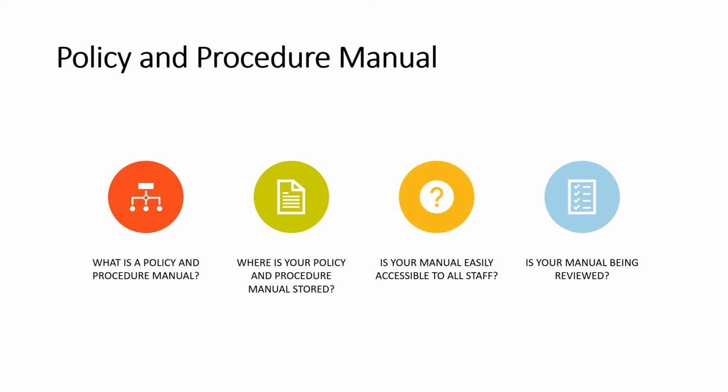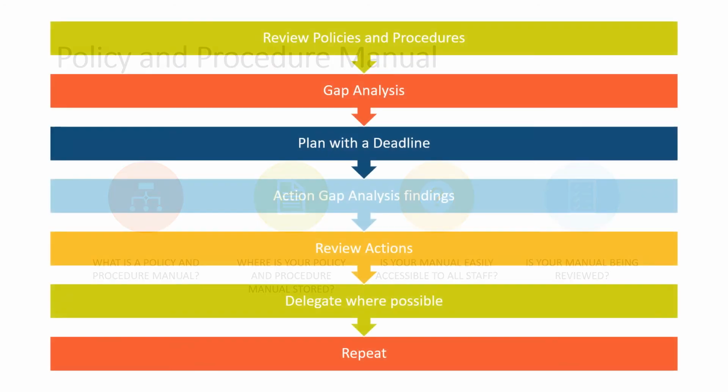One of my favourite sayings is Accreditation Day is every day. Policies are priceless and you should update them every 6 months. By doing this, you keep ahead of the game. Follow this list and it will enable you to be well prepared. Review all your policies and procedures. Gap analysis.